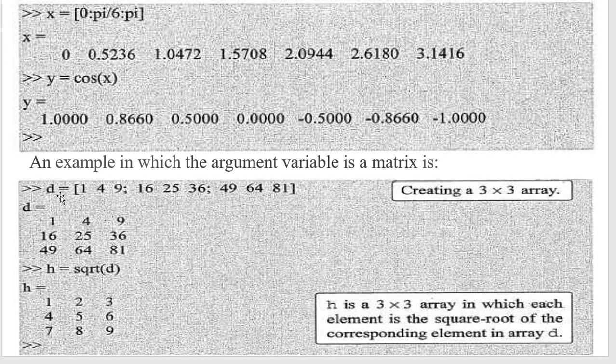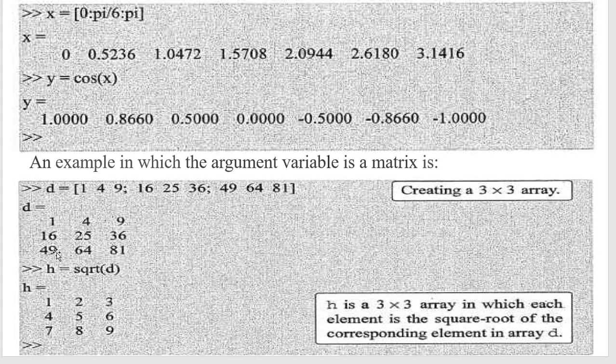Otherwise, we can use another way. Suppose a 3 by 3 matrix is created. Using this matrix, we can find the square root. So the D matrix is equal to: first row 1, 4, 9, second row 16, 25, 36, and third row 49, 64, and 81.